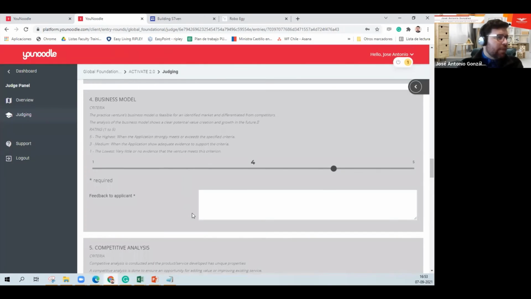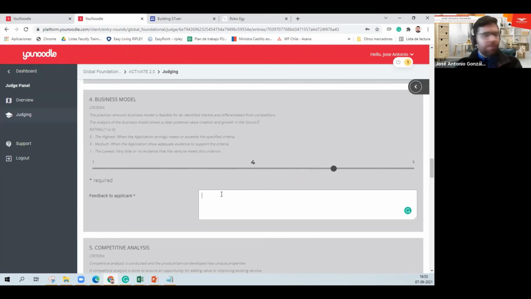Business model, the sum of it. Okay, the costs were not that good, and the profits, I don't know as well, but everything else seems feasible, and it's differentiated, and the analysis was done regarding the value proposition.